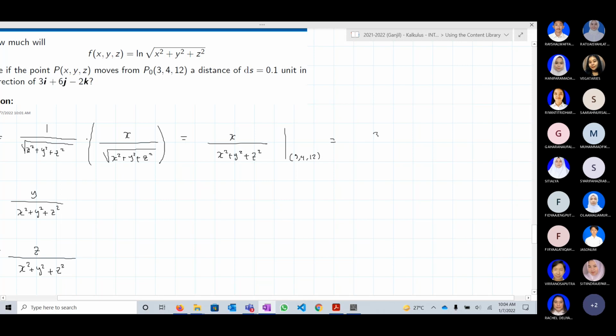3 divided by 3 squared, which is 9, plus 4 squared, which is 16, plus 12 squared, which is 144. In this case, we have 3 divided by 169.